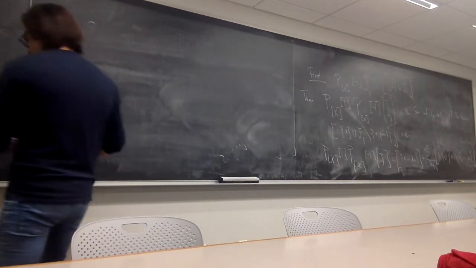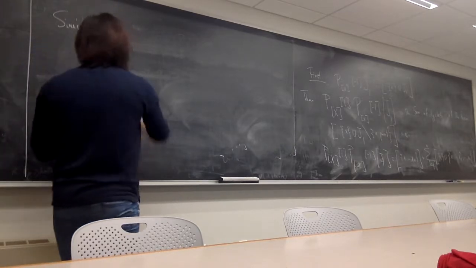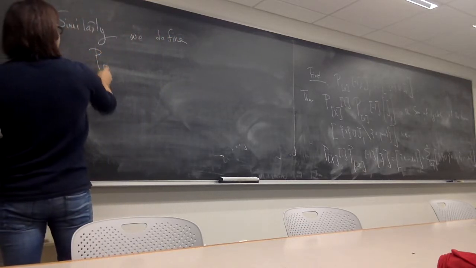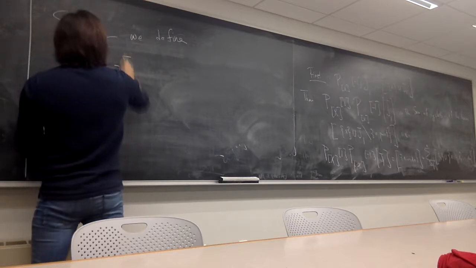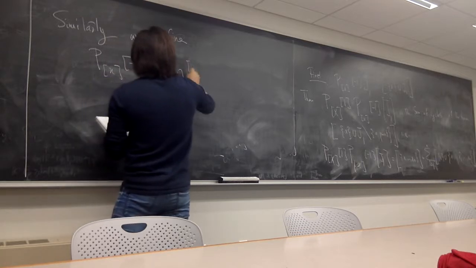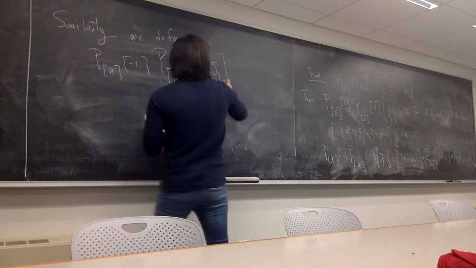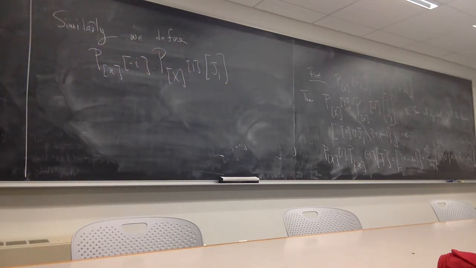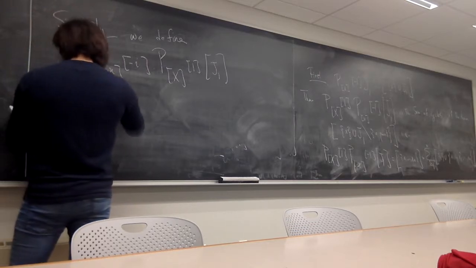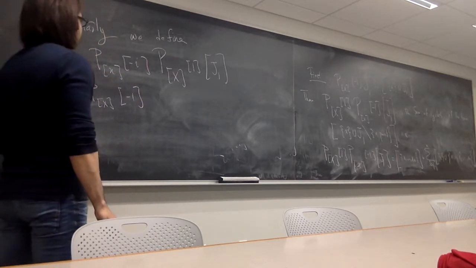And similarly, we define this operator, p of little x of degree minus 1, acted on J1.